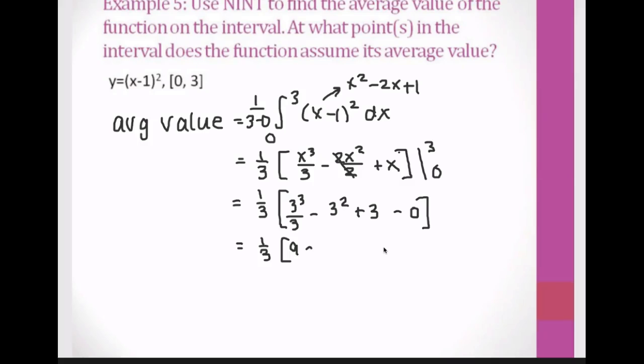Minus 9, so that cancels. Plus 3. So we do in fact see that we can also calculate that average value of 1. And then you set your average value equal to your function.